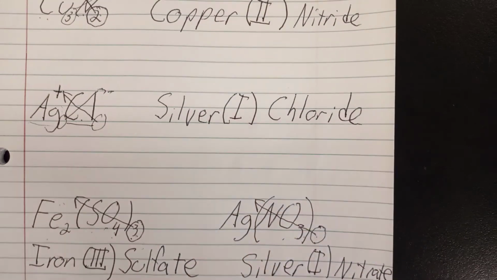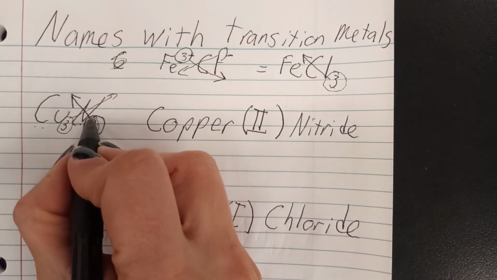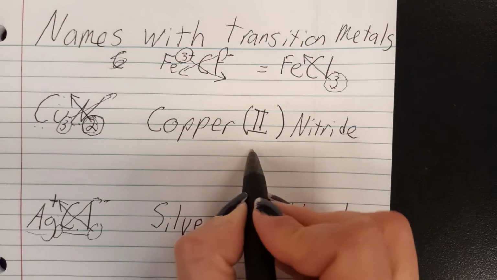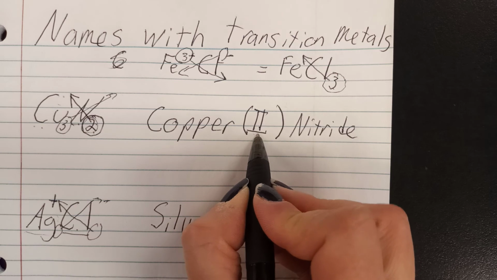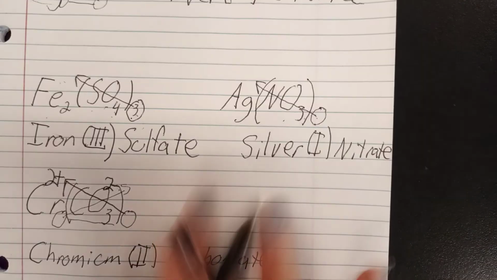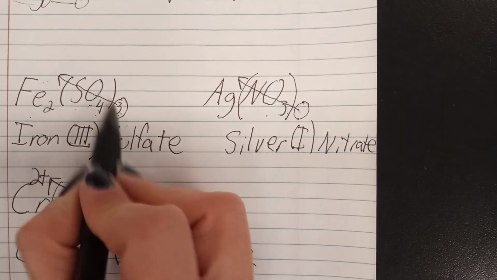Okay, so to recap, things you need to watch out for. You need to pull the subscript on the anion back up to find the Roman numeral, the original oxidation number of our transition metal. Keep an eye on your polyatomic ions. You're always going to pull the number from outside the parentheses.